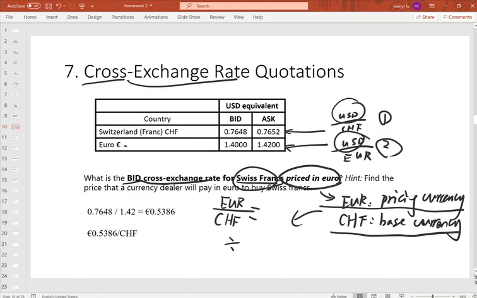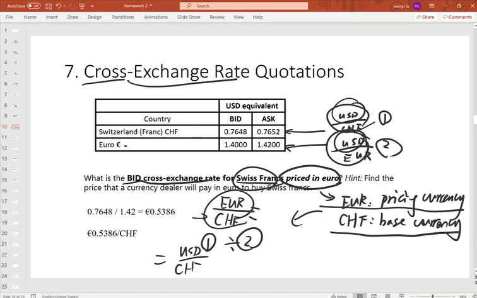Let's see which one matches the format of the original quote. The Swiss franc is in the bottom, so it matches the place in the quote we want to solve. So we use 1/2.